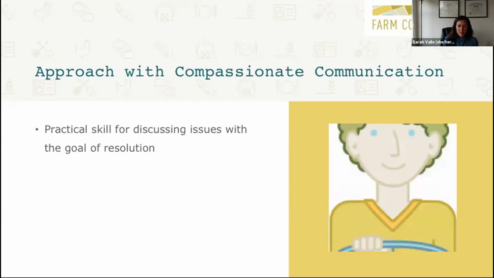So back to Sophie. She's got to figure out a way to open up the conversation with her landlord. She can approach the conversation with compassionate communication, which is a practical skill for discussing issues with the goal of resolution. Compassionate communication is a 4-part framework, also known, like I said, as nonviolent communication. You can use it when engaging in important conversations, like discussing a lease or a purchase agreement or a promissory note.